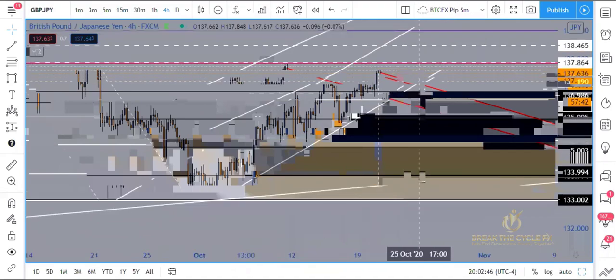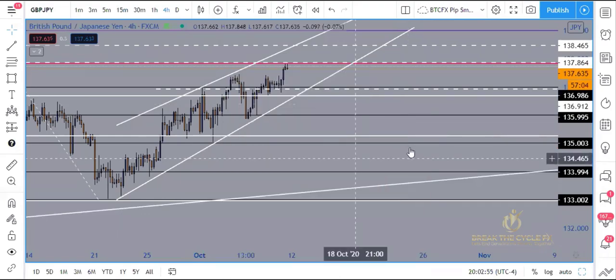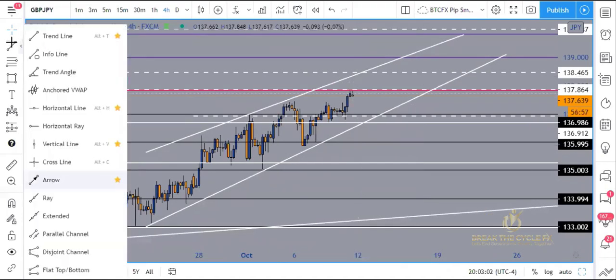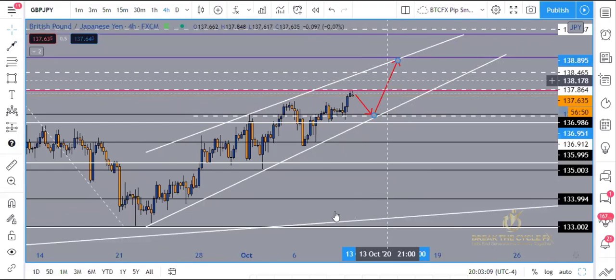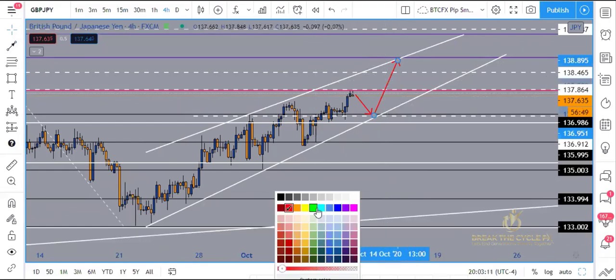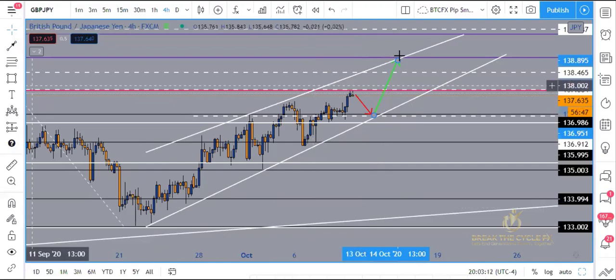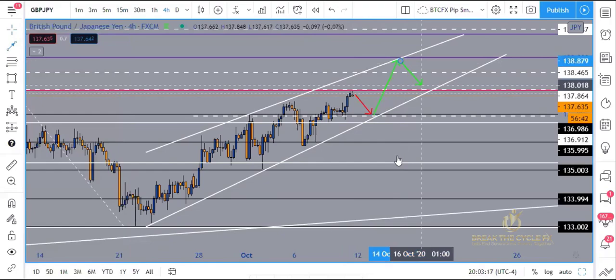This is long term. We definitely have to see price break past this level on our 50 fail, then push up. Then we'll see if we end up rejecting off of here back down, right?